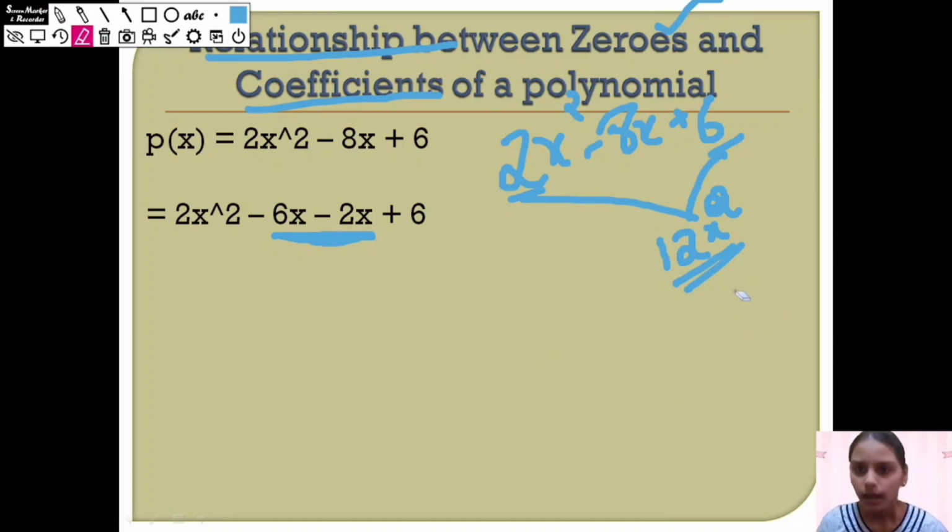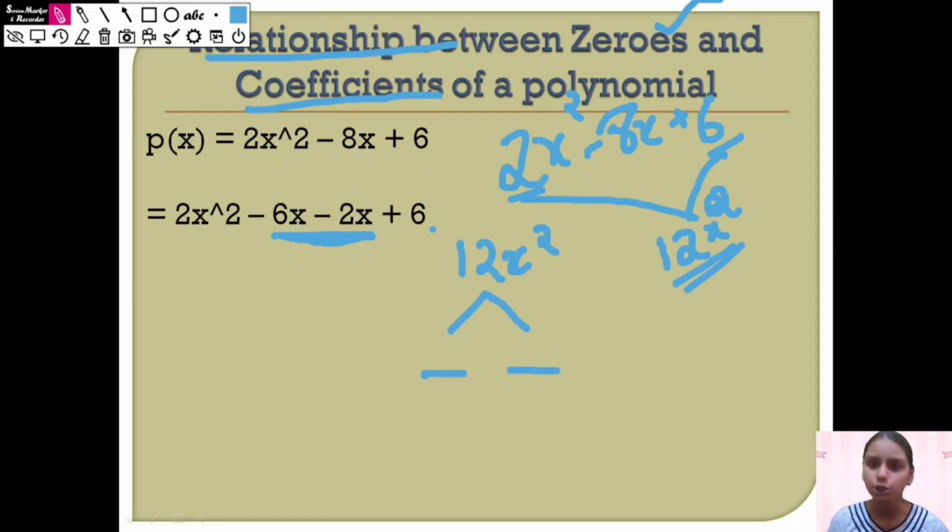Now we got 12x square, 2 sixes are 12x square. How should you split this 12? When I multiply two numbers, I should get 12x square, and if I add, I should get minus 8x.